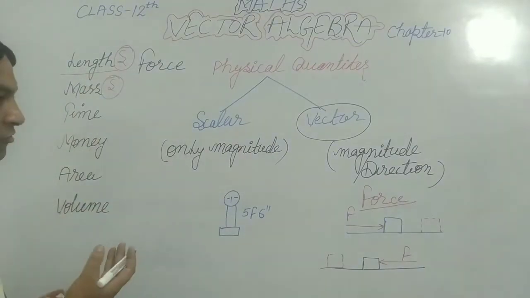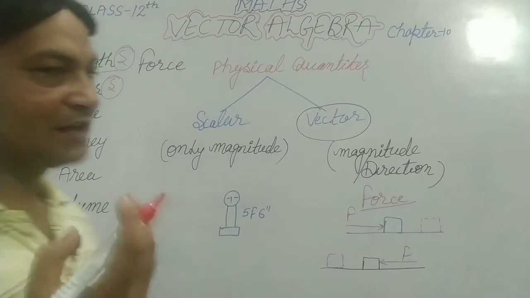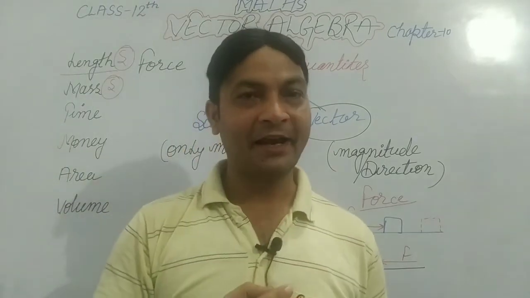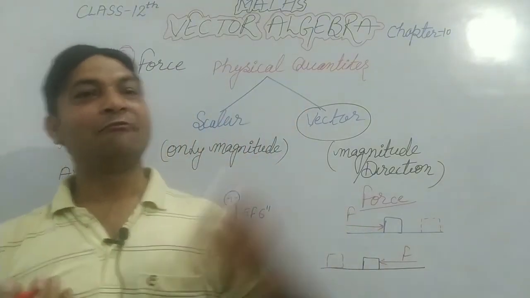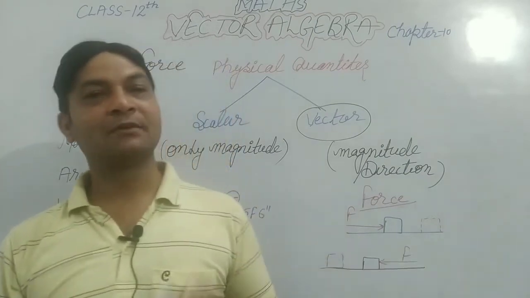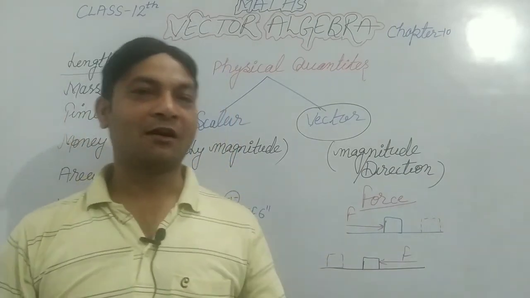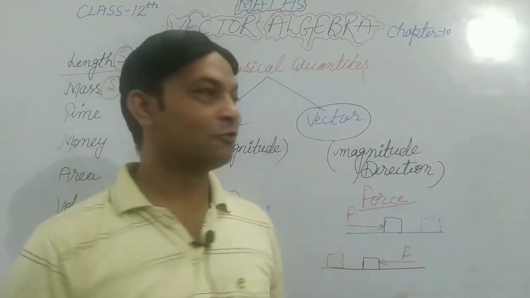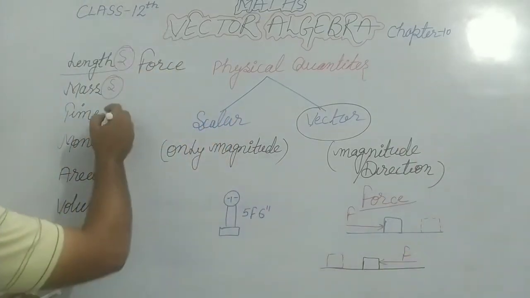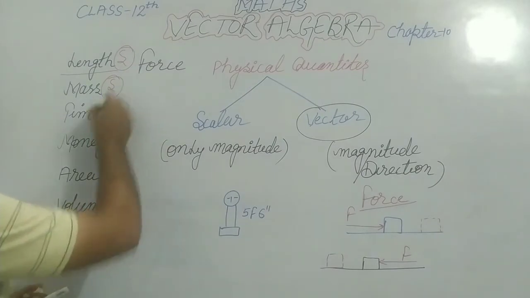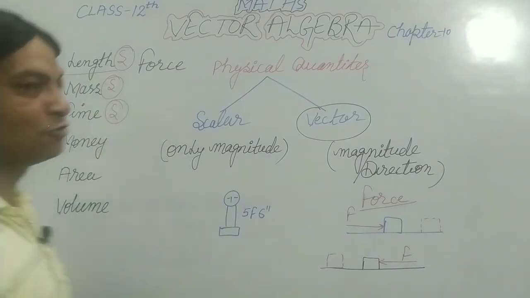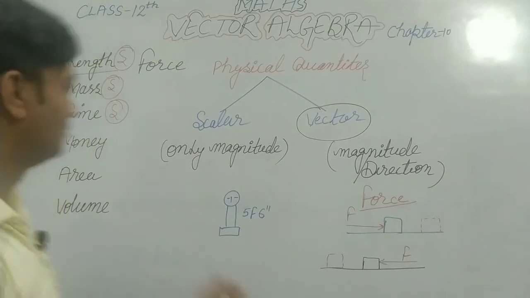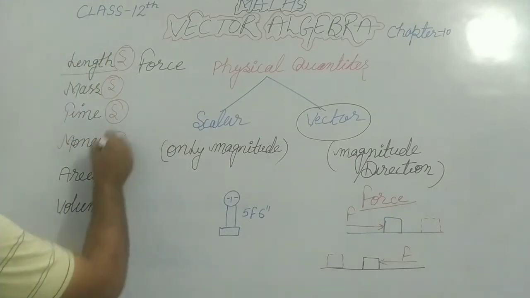Time also: if you ask someone the time, he will tell you 6 o'clock, and you won't ask in which direction, so it is a scalar. Money is also a scalar.